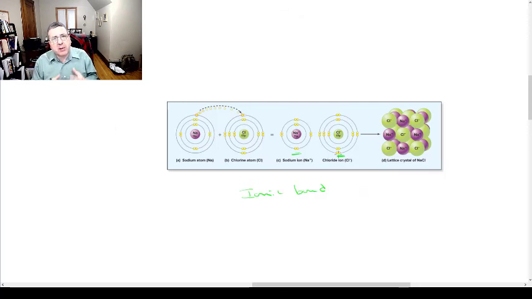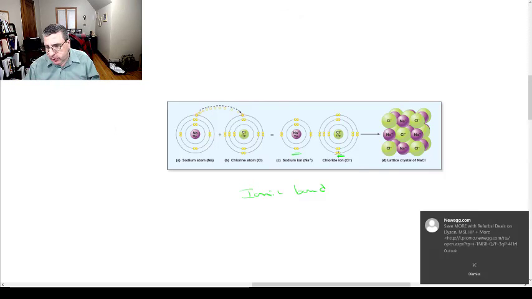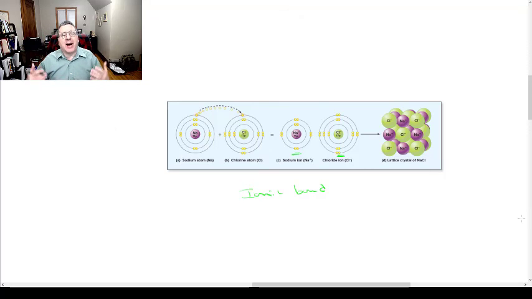So an ionic bond is where the two elements are attracted to each other based on their charge. All right? So that's going to be one thing. The next thing that we're going to talk briefly about is going to be covalent bonds.